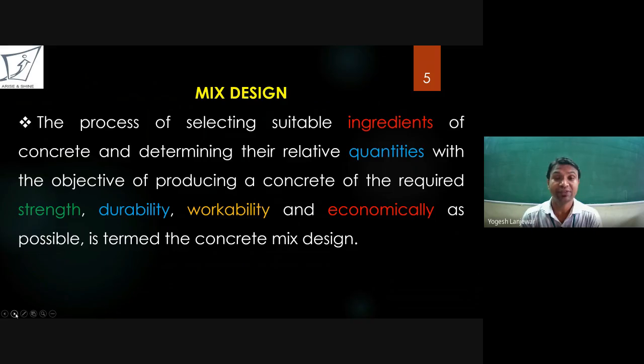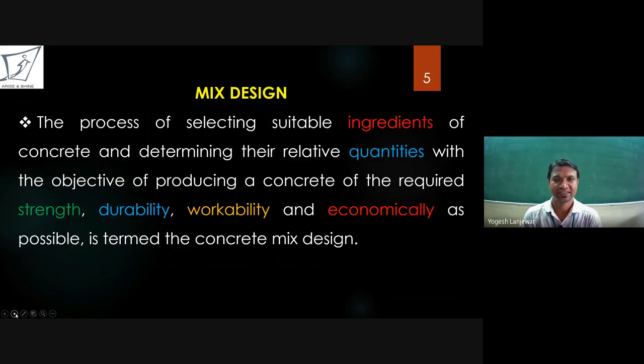So, mix design can be defined as the process of selecting the suitable ingredients of a concrete and determining their relative quantities with the object of producing a concrete of required strength, durability, and workability, as economically as possible.